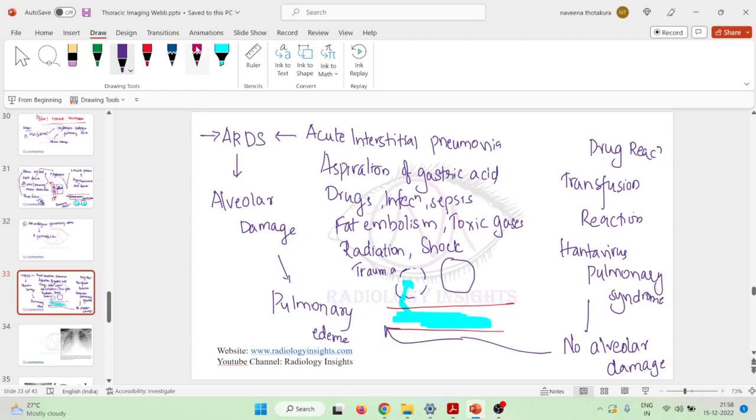So this means pulmonary edema can occur in two ways. One, by alveolar damage. Second, without alveolar damage. So these are two different types of edema.